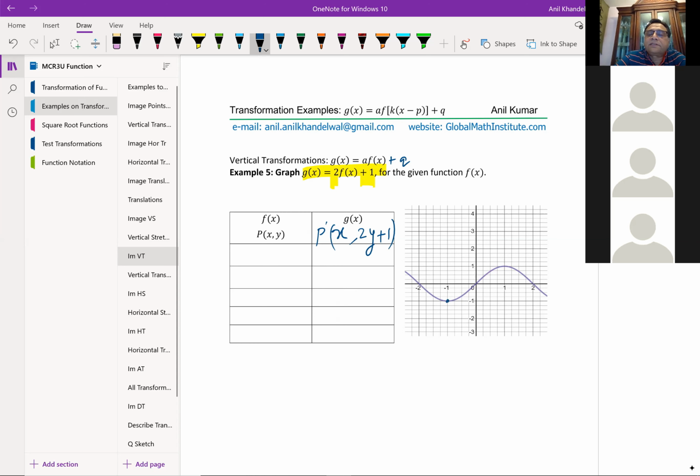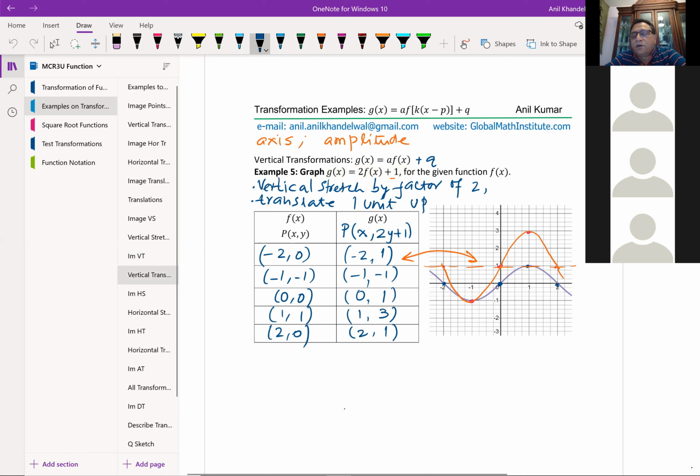So we can just read some points from the graph and mark those points as A, B, C, D. You get the idea now? So let's say these are my points A, B, C, D, and E. Write down these coordinate values, then fill in the transformed points and sketch it. That is how we are going to do it. So here is your solution.